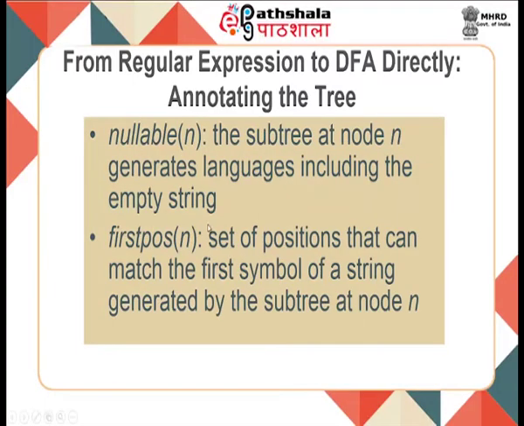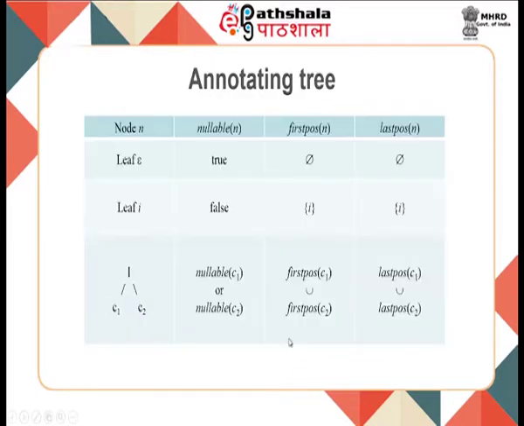And nullable is, we will call a node nullable because it can generate an epsilon string. Okay. So, with that in mind, we are going to define rules for doing this. Now, supposing a leaf is labeled with an epsilon value, then nullable of that particular node is going to be true.